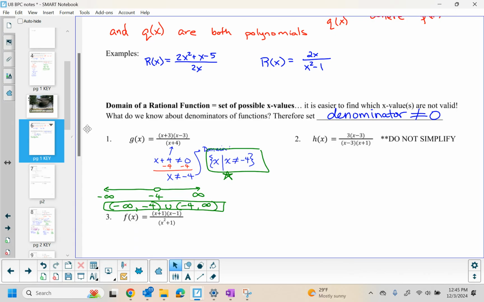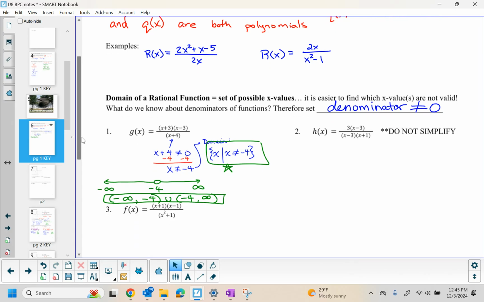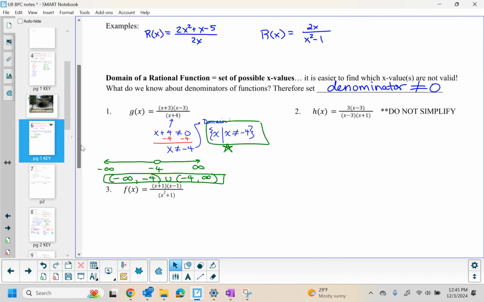So set notation is better for my domain. Okay, for number 2, I'm not going to simplify anything because it is important to know that the original function has all of these factors. We will talk about what to do to simplify in a few minutes. But first, we're just going to start with setting each factor not equal to 0.